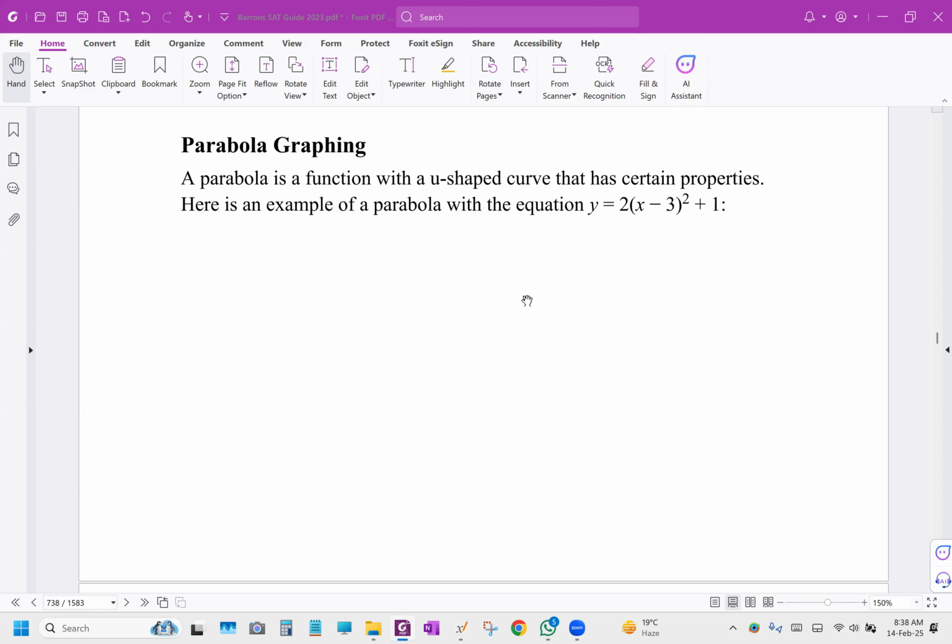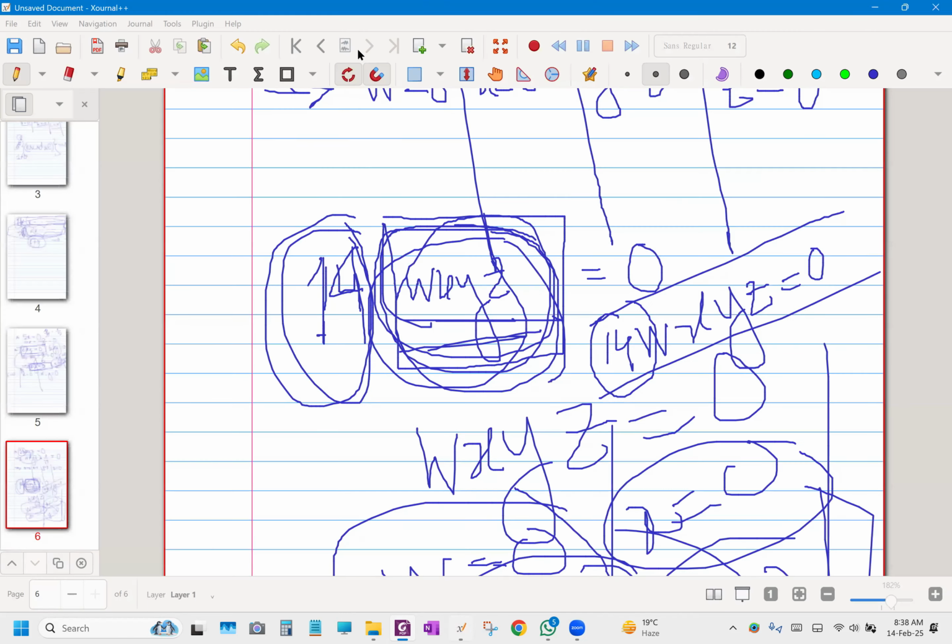A parabola has many different types of equations, as we already talked about with the straight line. The expression of the equation of a straight line can have different forms.